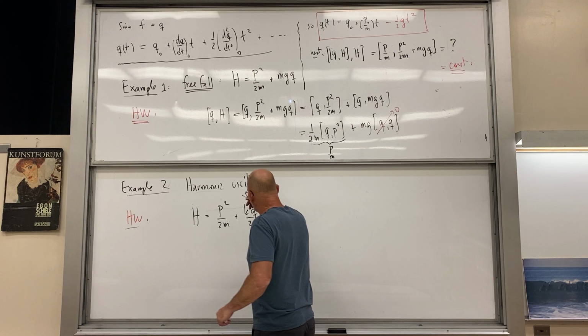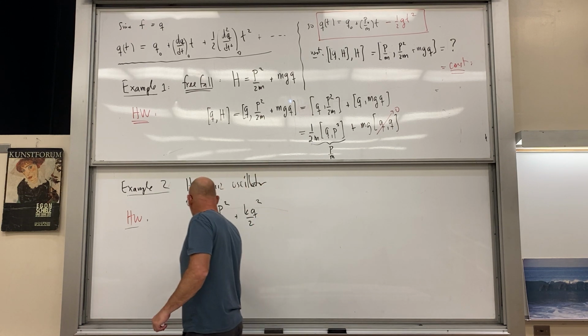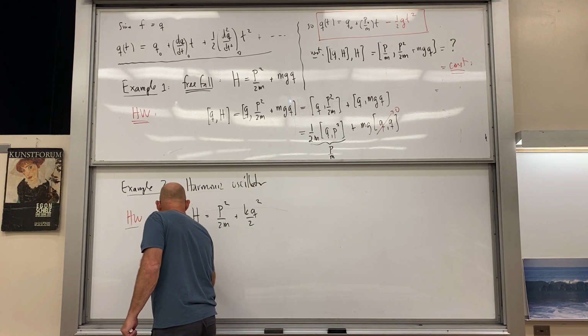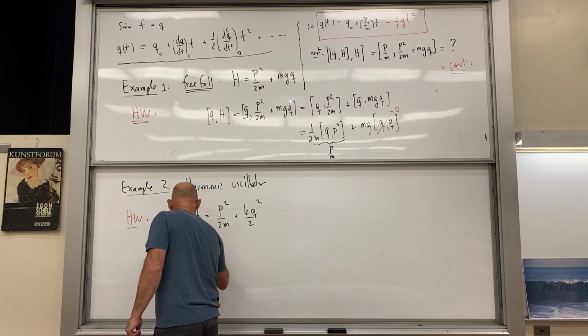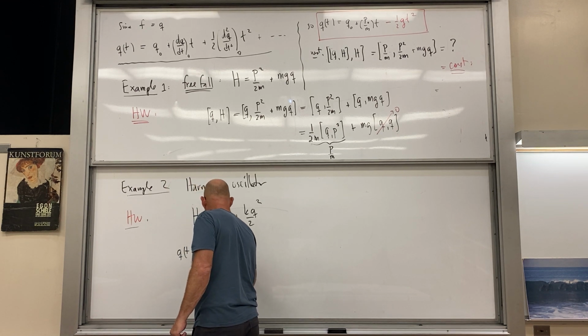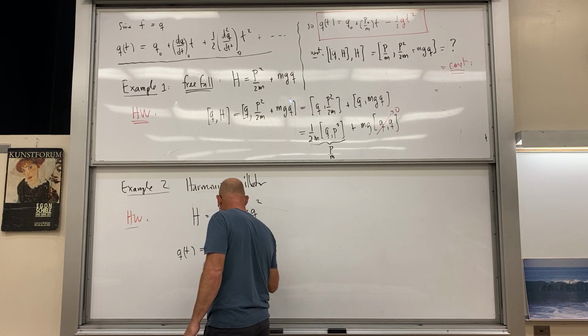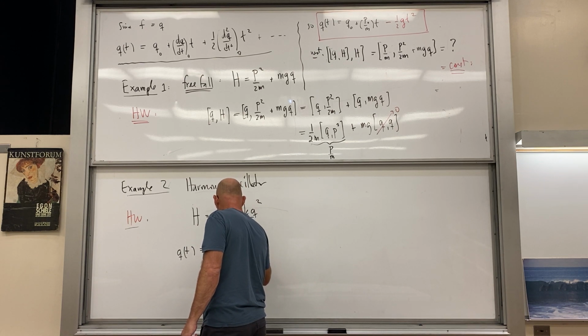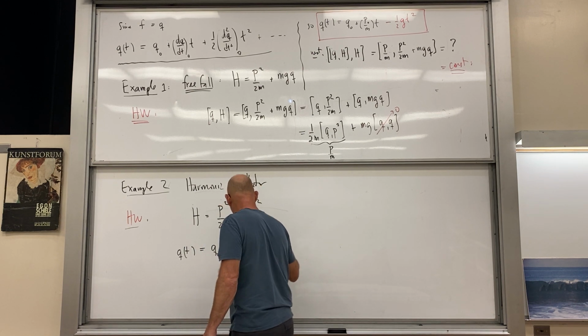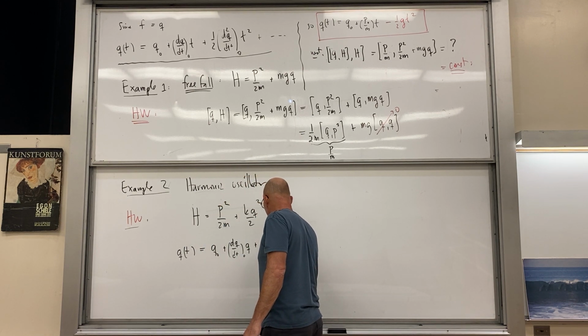So for the harmonic oscillator, we want Q of t is equal to Q0 plus dq dt at 0 times t, plus 1/2 and so forth, right?